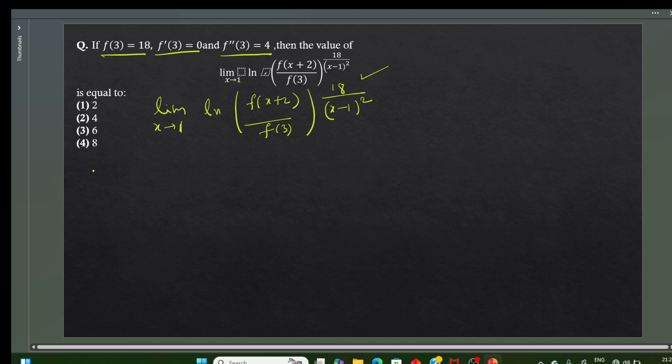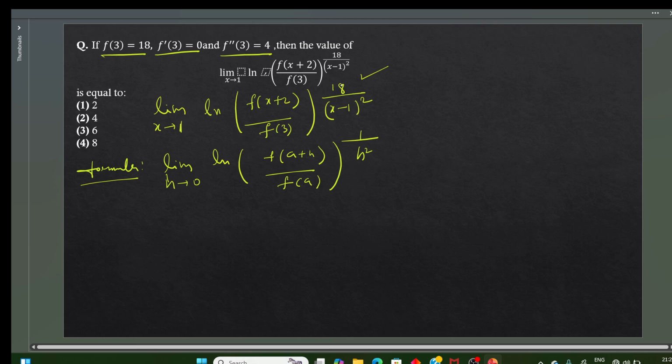Observe here, we know the formula: limit h tends to 0 of [f of a plus h by f of a] power 1 by h square. But here in this question, a constant 18 is given. The condition is f dash of a is equal to 0.